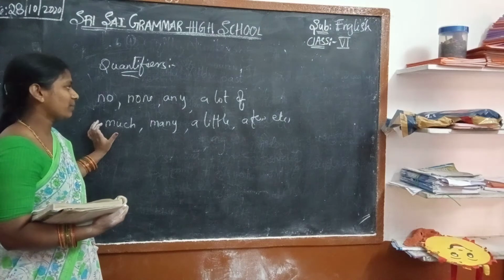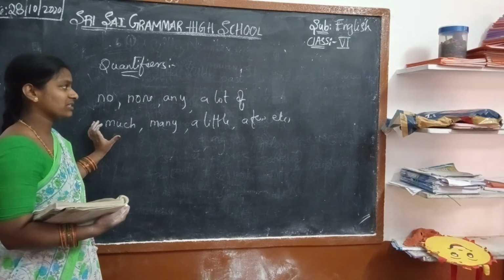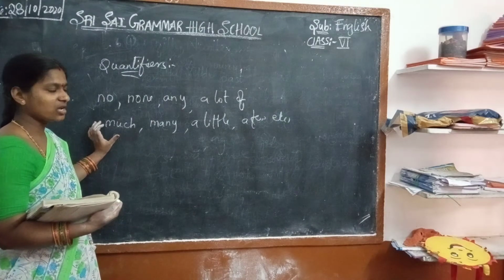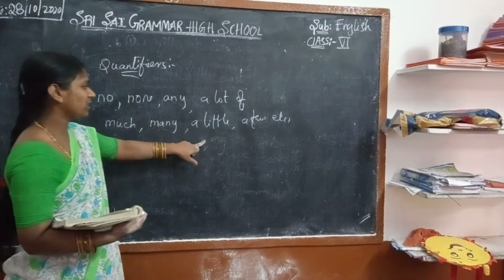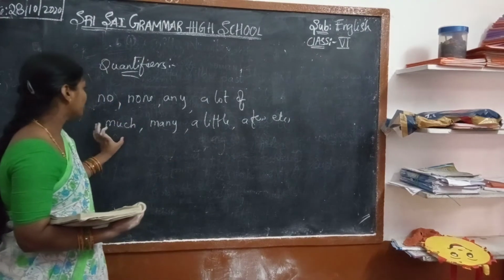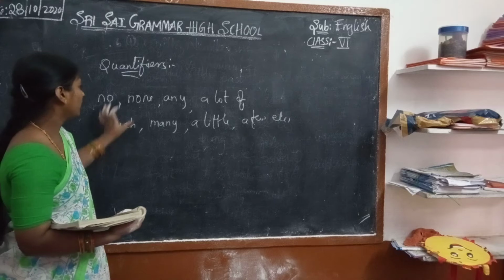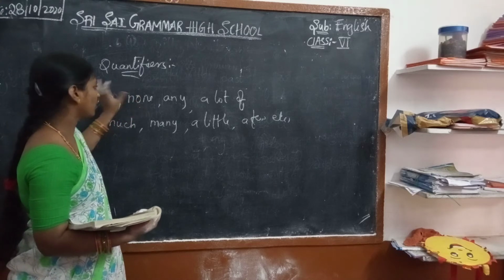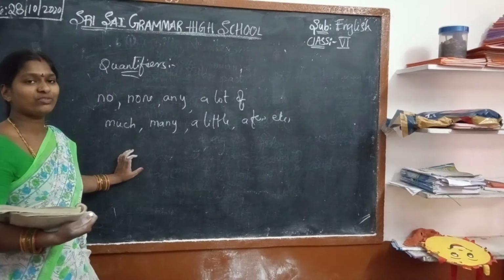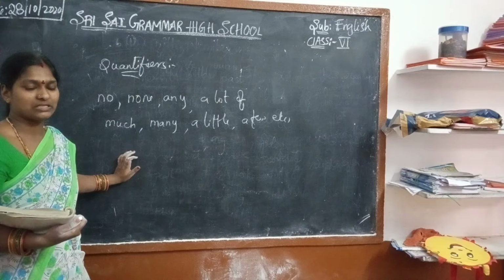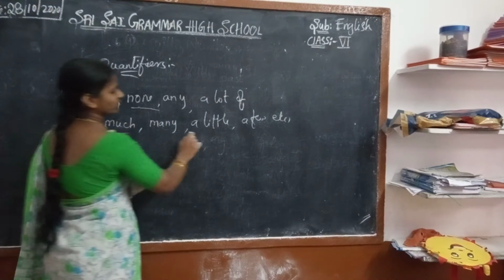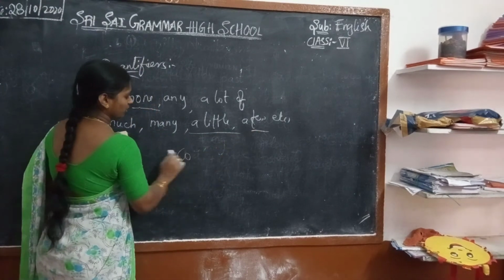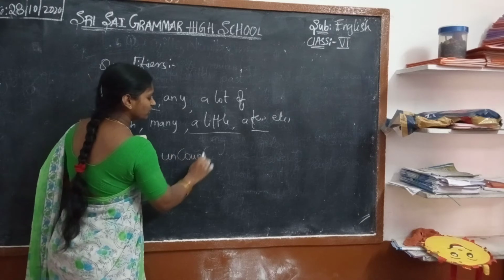For example, in quantifiers, if they give fill in the blanks also, you can easily identify. Here, a little, a few, and much, a more, none, no. These are uncountable words.